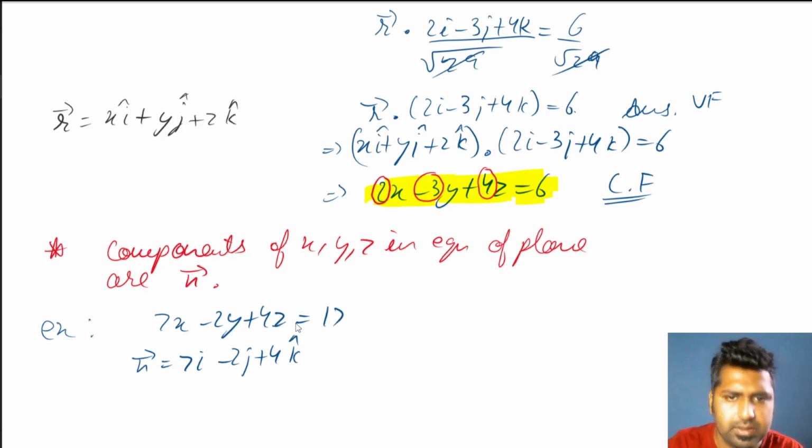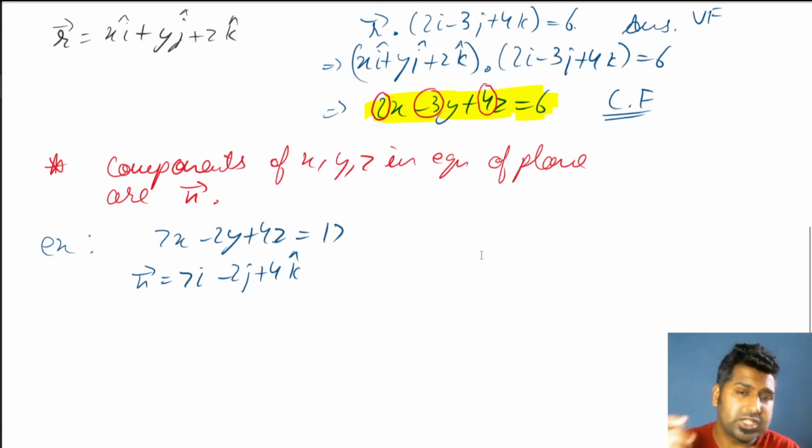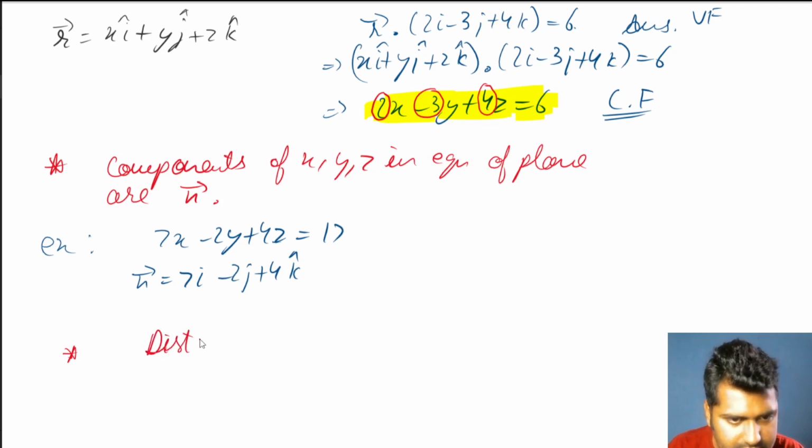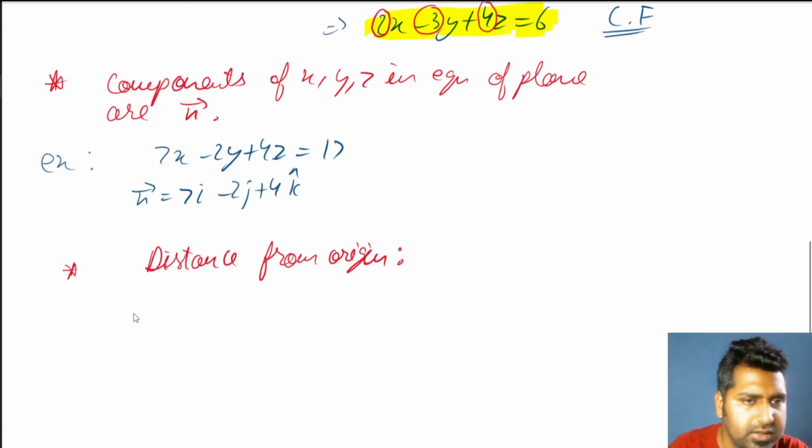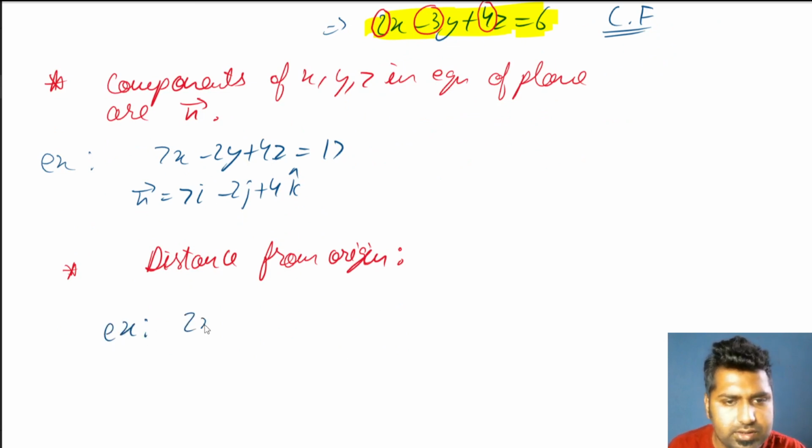That's the first concept. Second thing, what if the equation is given and he asks what is the distance from origin? I'll take the same question. We know that the distance is 6 by root 29. So suppose the equation was given, just as an observation, but let's consider the same equation, 2x minus 3y plus 4z is equal to 6.